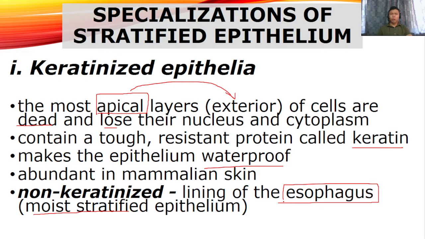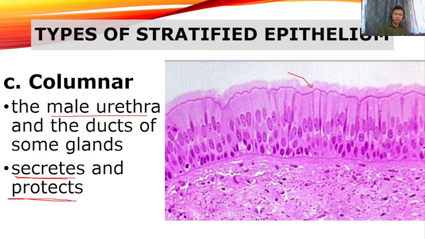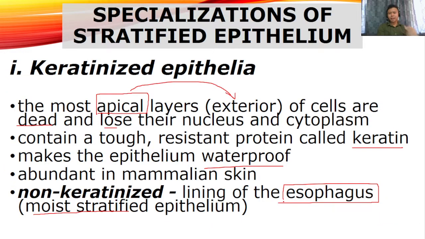Okay, when trapping dirt materials, there is a function to why it's moist, to why it's some sort of wrapped in salivary amylase or moisture as it traps dirt, as it traps possible pathogen. Okay, so these are the different types of stratified epithelium.